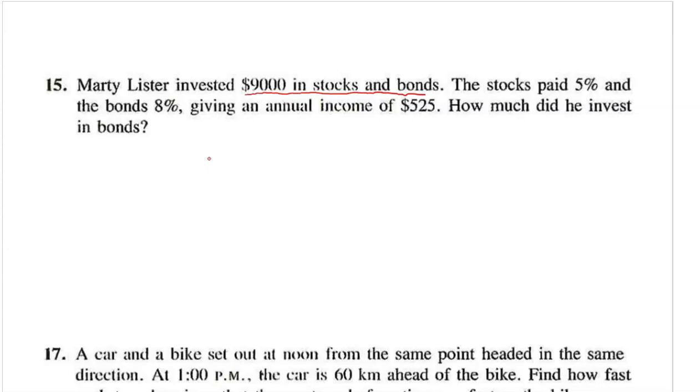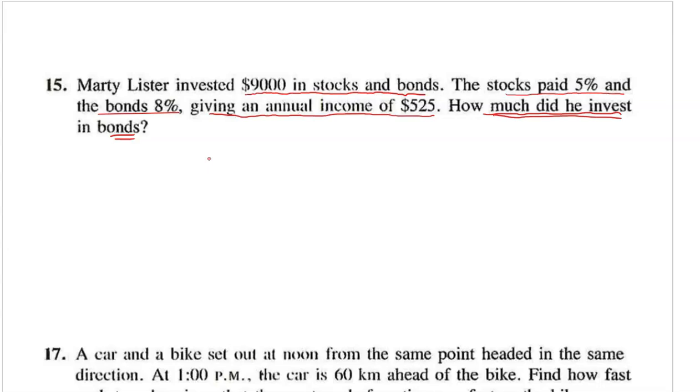The next sentence says the stocks paid 5% interest and the bonds paid 8% interest, giving an annual income of $525. That's giving us another relationship, a relationship about the interest earned on these investments and how it's going to add up to $525. Now the question, how much money did he invest in bonds?